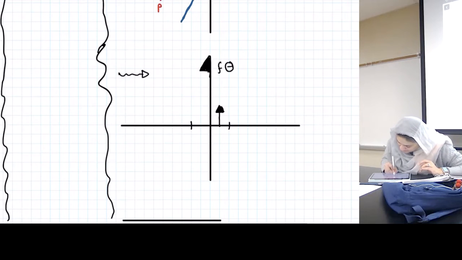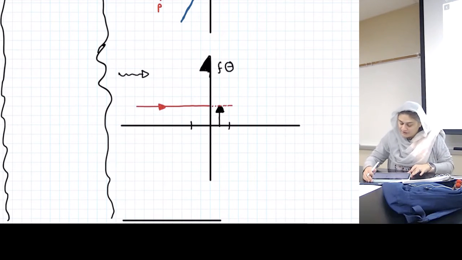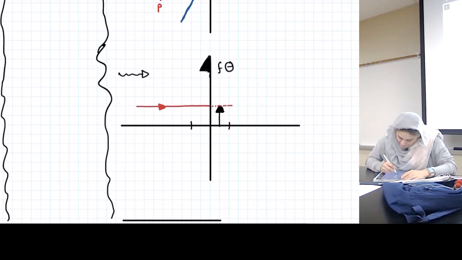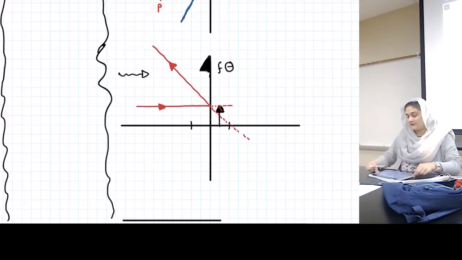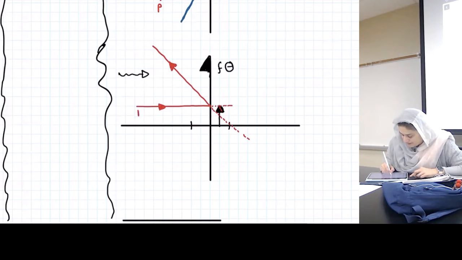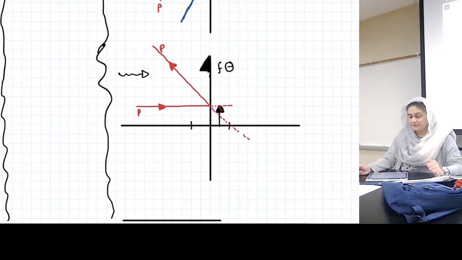The parallel ray will come in parallel to this. By how much it will diverge depends on this focal length. Should diverge away like that. Yeah. So P comes in and P goes away.